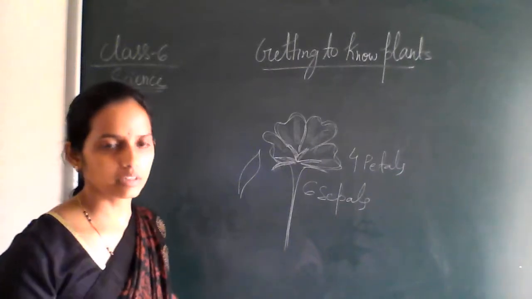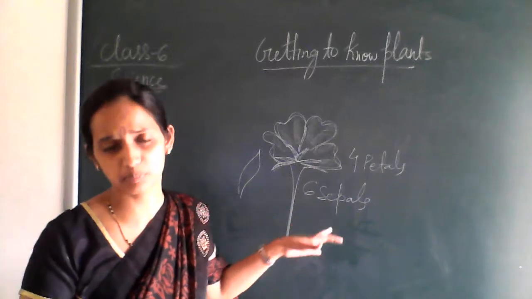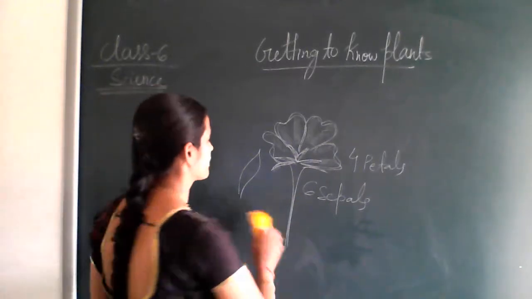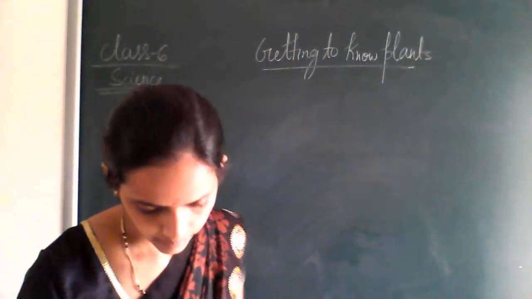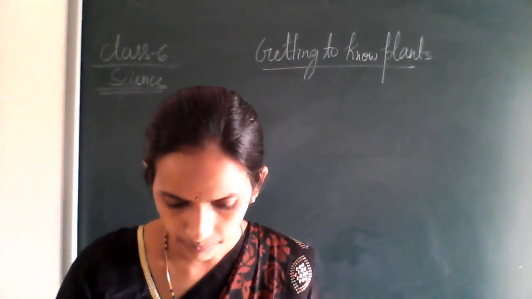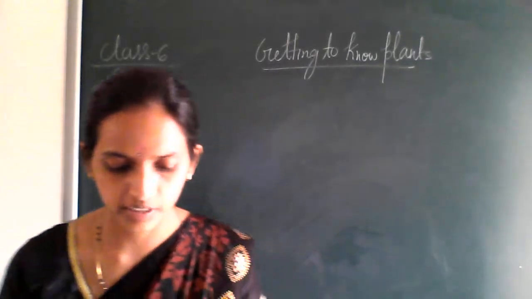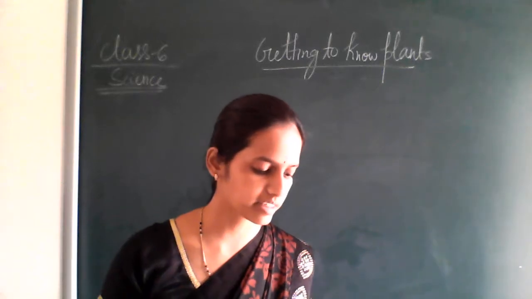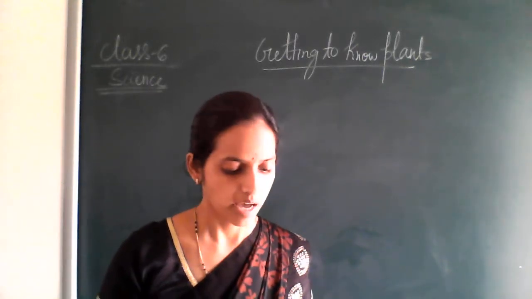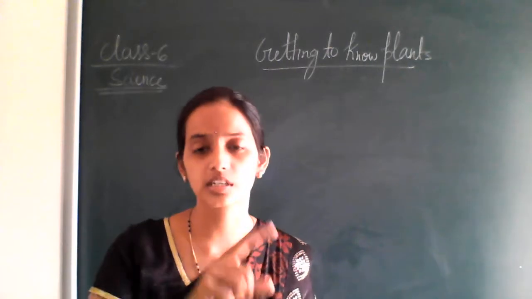Now moving to the next part of the plant, right? So table 7.3 gives the name of the flowering plant, for example a rose, and the number and colors of petals.